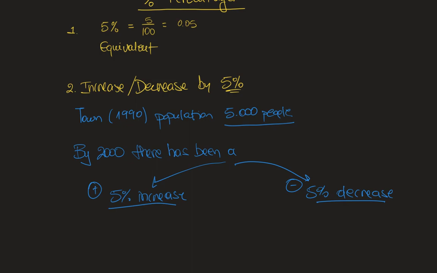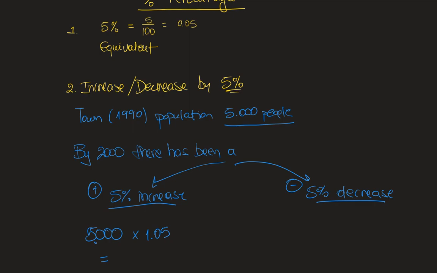But there is a way of doing the calculation in one go, and that would be for the increase: we're going to have 5,000, which is the initial population, and then multiply it by 105% because there's been a 5% increase, or otherwise by 1.05, and that would provide us with the final answer.